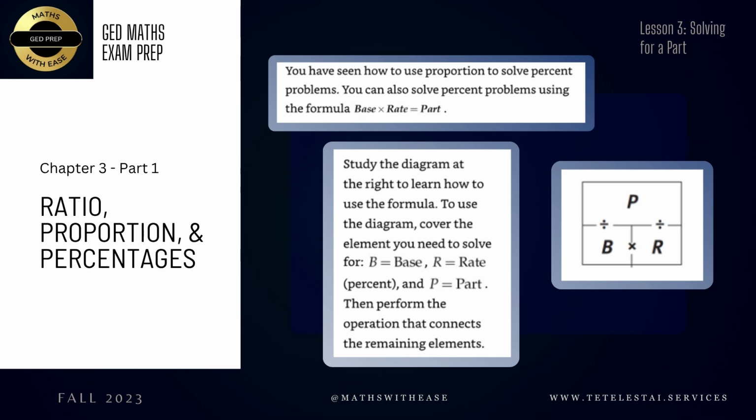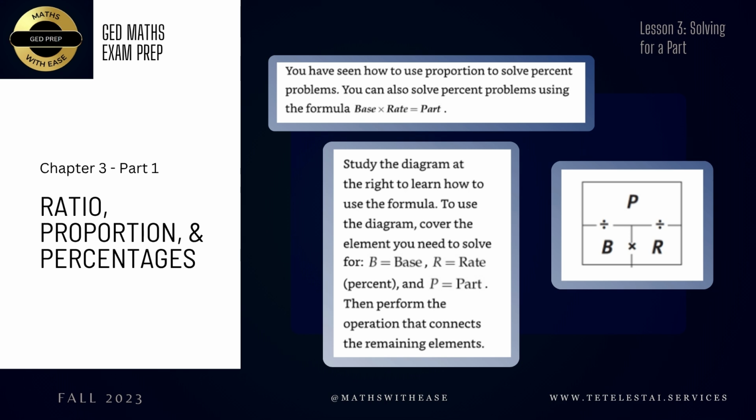If the question is asking you to solve for a rate, you just cover up R, and what are you left with? P divided by B. Notice the operations here, right? When you're going across, you should respect whatever operation is there. We're going across, there's a multiplication sign.